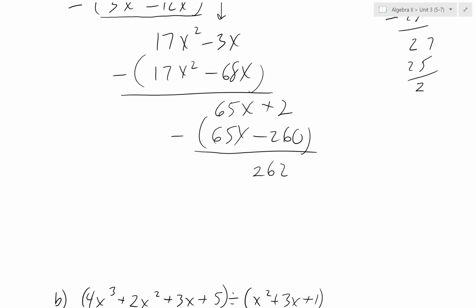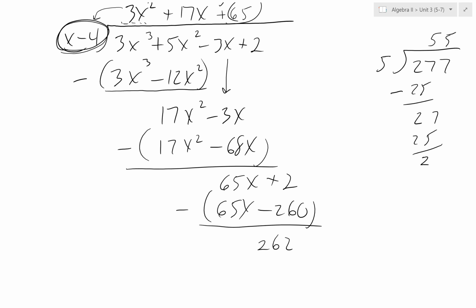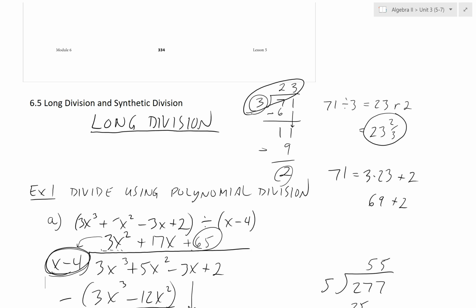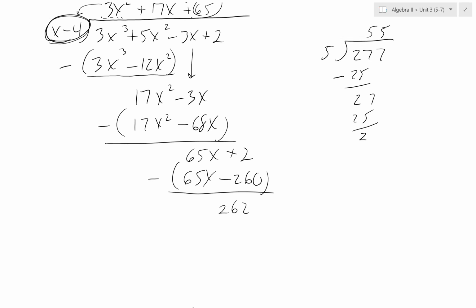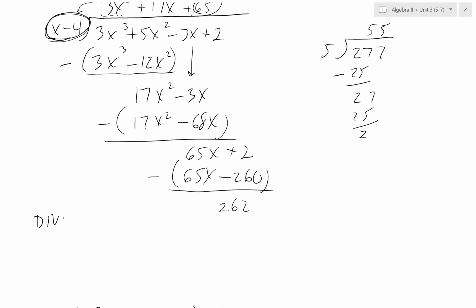Okay, we'll do some more examples, but now we're ready to write our answer. We're going to write our answer like this: dividend equals divisor times quotient plus remainder, just like we did with the numbers up above.